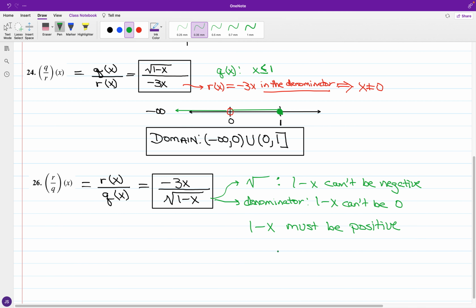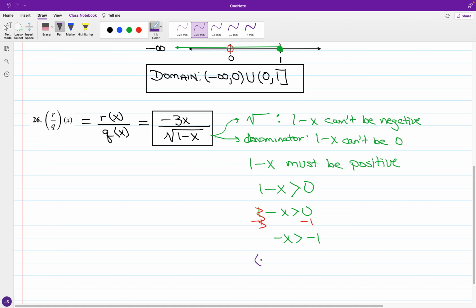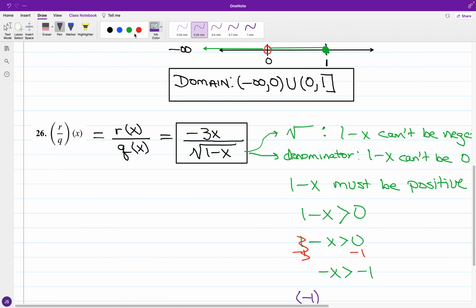And so for the defining inequality, we had that 1 minus x is greater than 0. Again, isolating the x term and subtracting 1, you have negative x is greater than negative 1, and a bit of history repeating: changing the sign is going to change the direction of the inequality.